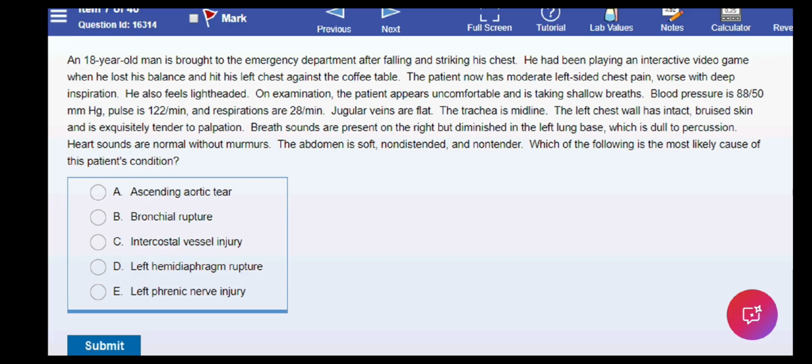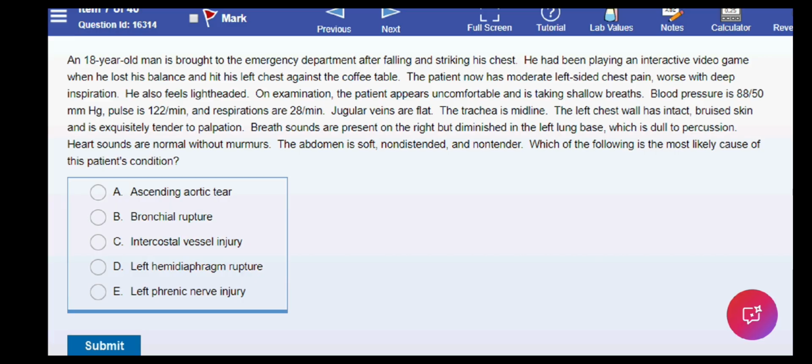Always after a fracture or any problem, like a fall. You see lightheaded, this is a very big risk factor for hemorrhage. On examination, the patient appears uncomfortable and is taking shallow breaths, low blood pressure, pulse high, respiration high.